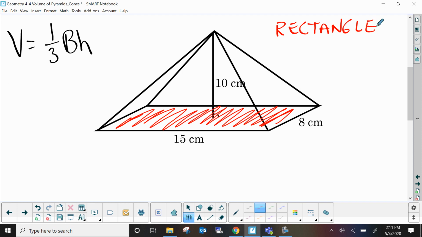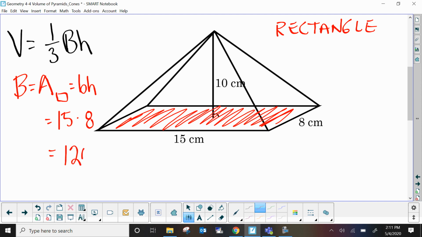So what that tells me now is my capital B has to equal the area of a rectangle, which is base times height of that rectangle. It looks as if the base of the rectangle is 15. The height of the rectangle is 8. So if I do 15 times 8, I end up with 120.